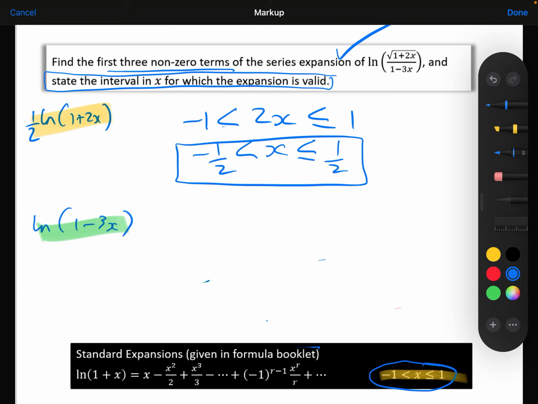The second expansion, however, is only valid if minus 3x is bigger than minus 1 and less than or equal to 1. Dividing through by minus 3 now. Remember, dividing by a negative is going to flip the signs.